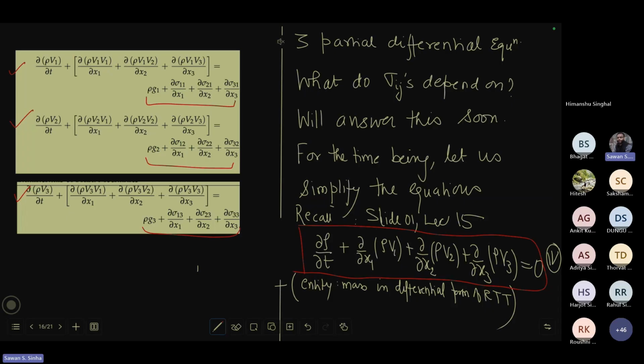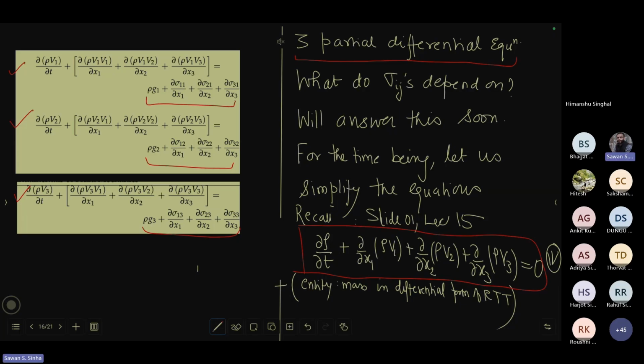At one point, I will talk about the challenges that this equation has posed to the entire research community in the history of science, one of the most difficult equations to handle. I'll talk about it in detail later. But for the time being, at least notice that I have obtained 3 new partial differential equations.